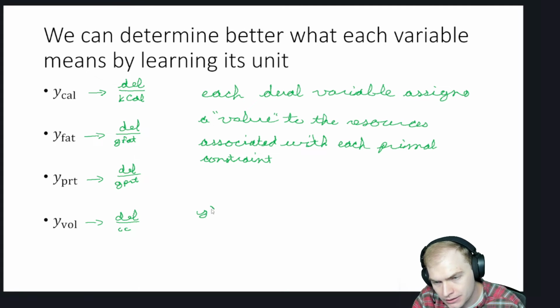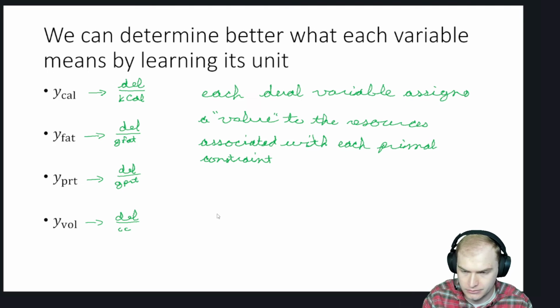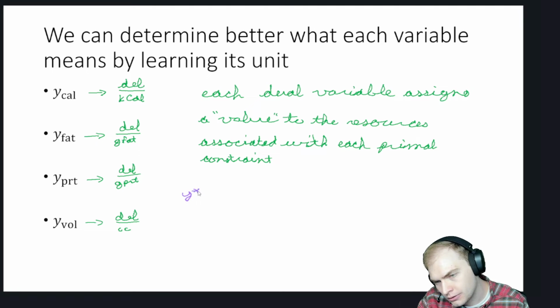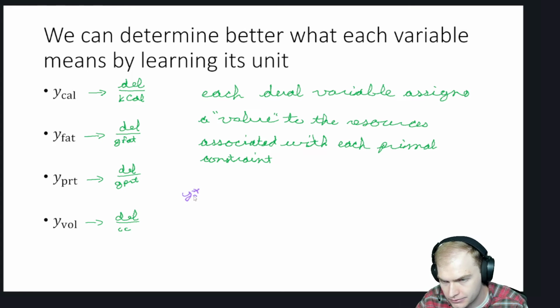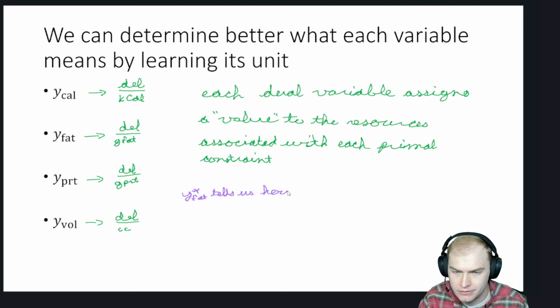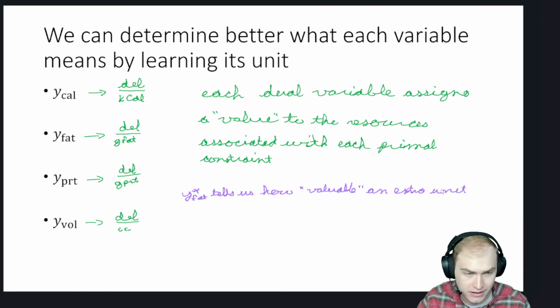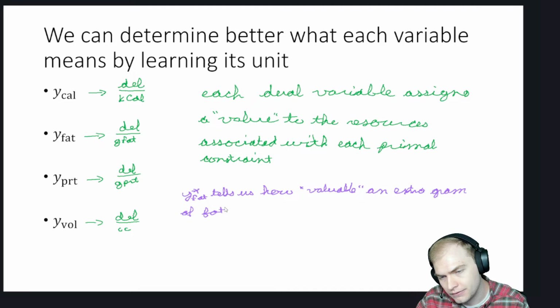So I'm going to say y star fat, in purple, tells us how valuable an extra unit, or in this case, an extra gram of fat would be.